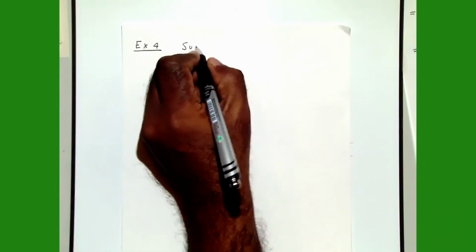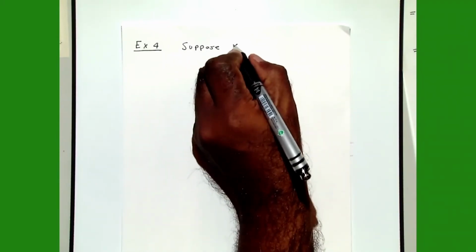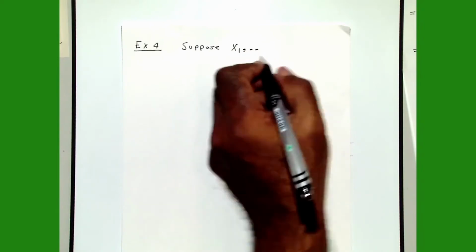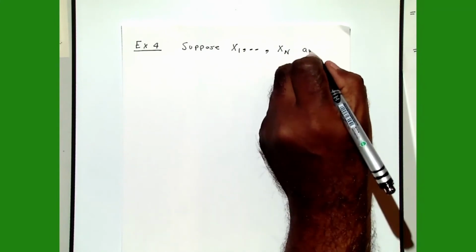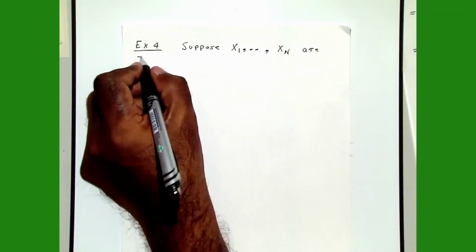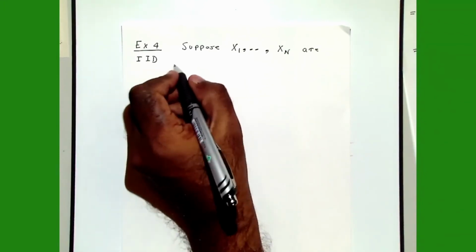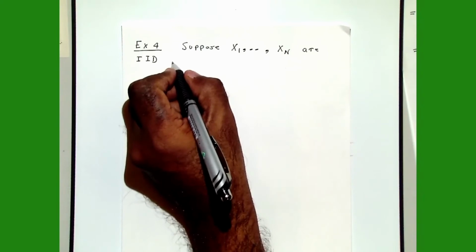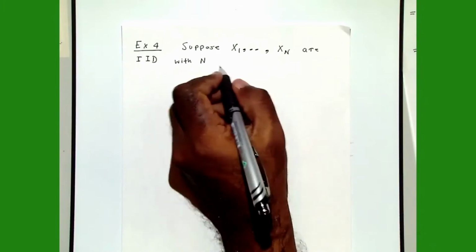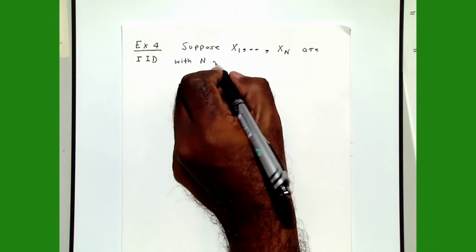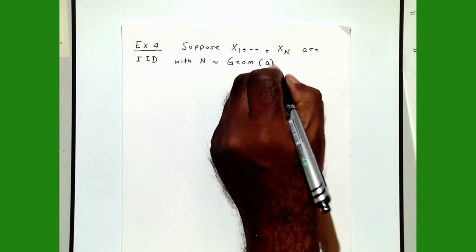Suppose the losses are IID with n, the number of investments, having a geometric distribution with parameter a, right?